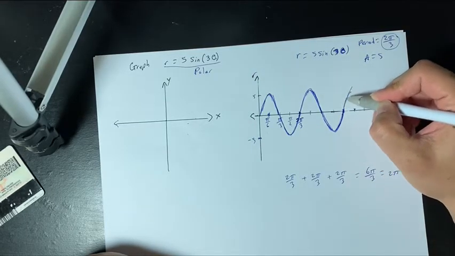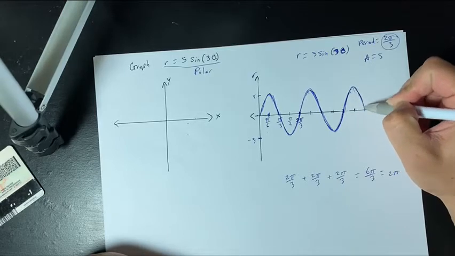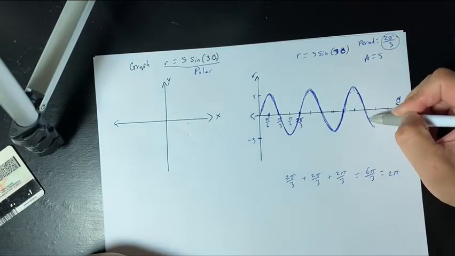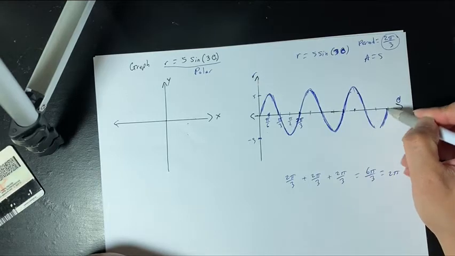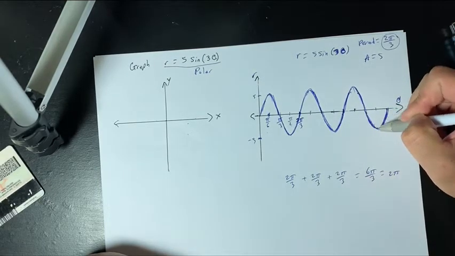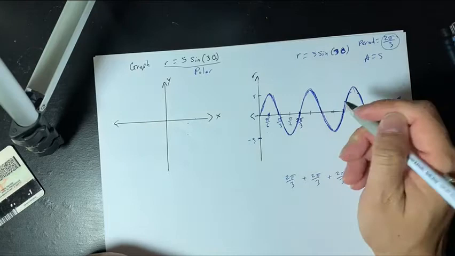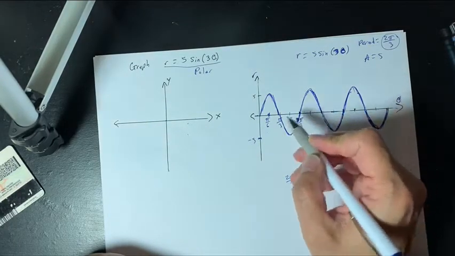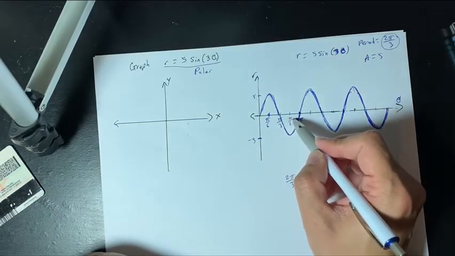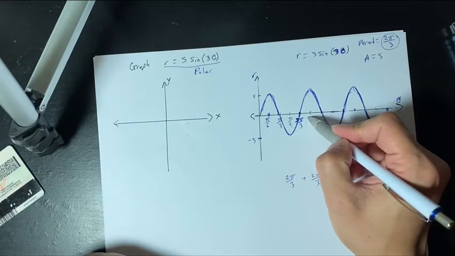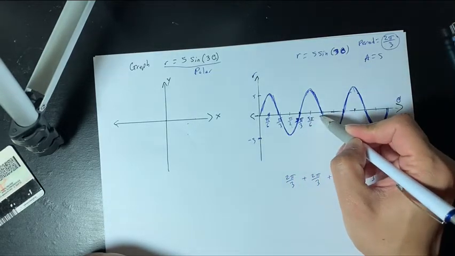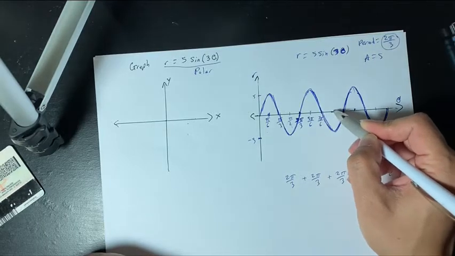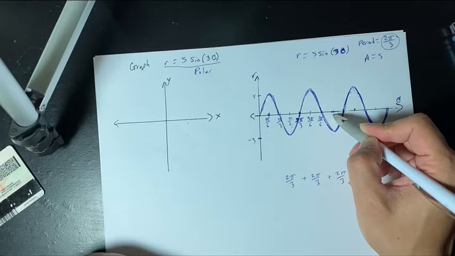It's going to be exactly the same thing. Now that's 2 pi over 3. That's pi over 6, 2 pi over 6, 3 pi over 6, 4 pi over 6. This would be 5 pi over 6, 7 pi over 6, 8 pi over 6. What is 8 pi over 6? That's 4 pi over 3.